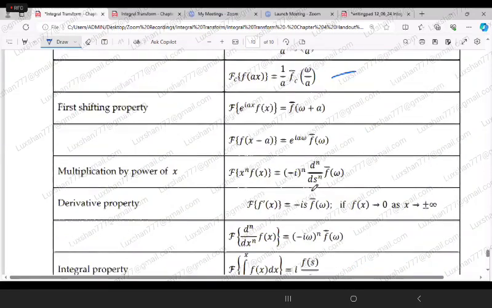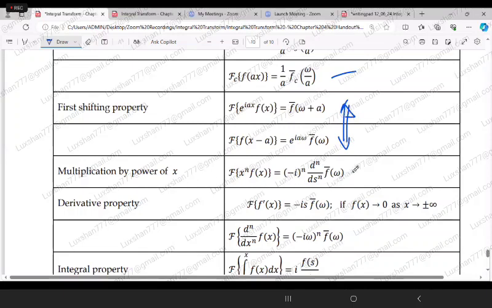Similarly, here we are multiplying by e to the power iax, then it is coming in this form, F bar of omega plus a. Another one is the second shifting property, we studied that. So it comes in this form, but this one is only for complex, not for sine transform and cosine transform.